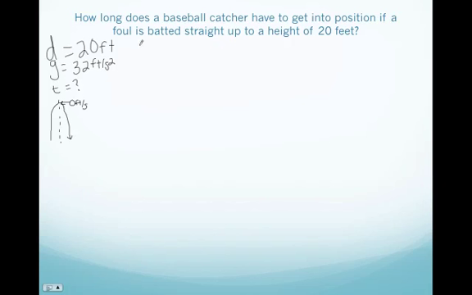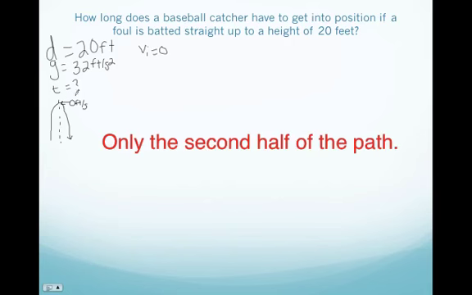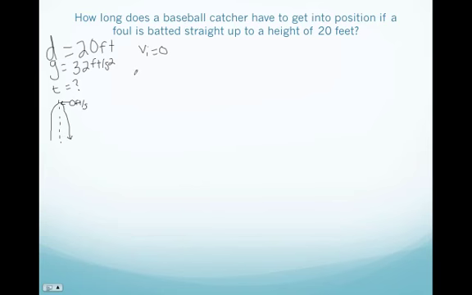And when I make that consideration, that gives me Vi of 0. You have to remember, though, that that's only going to give you the second part. So let's figure out how long it takes us to go from the top down.